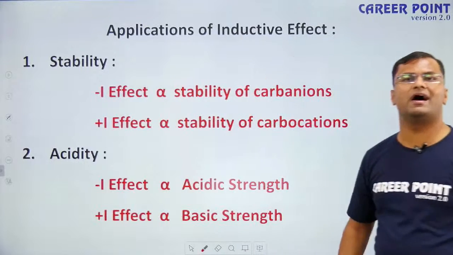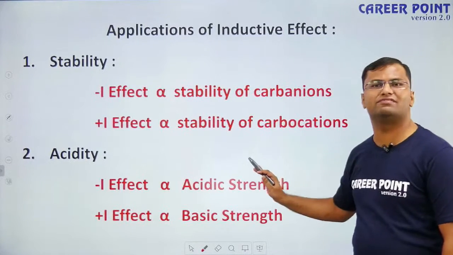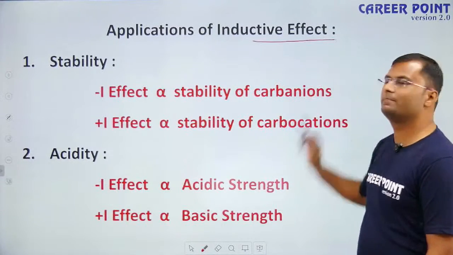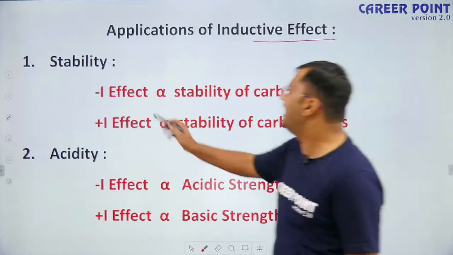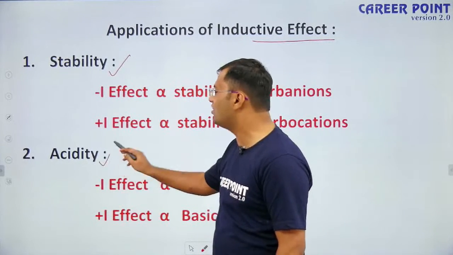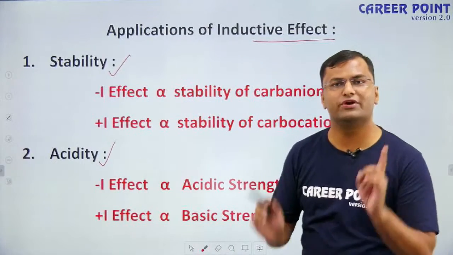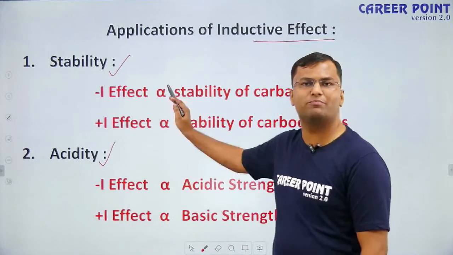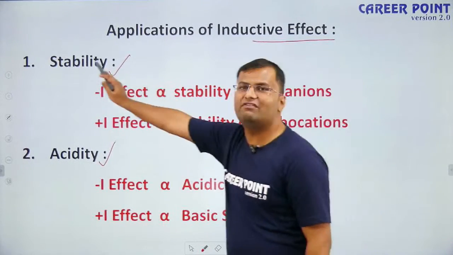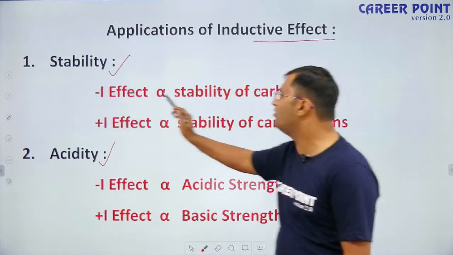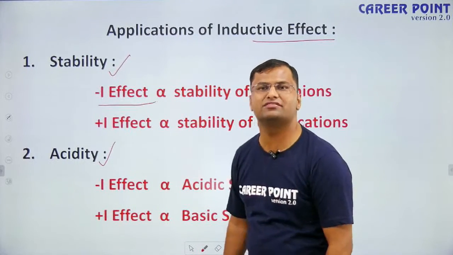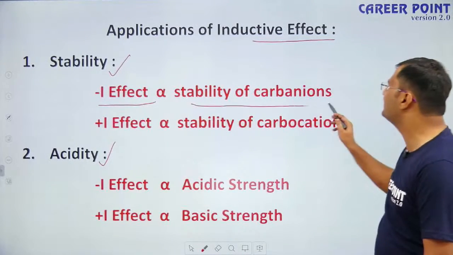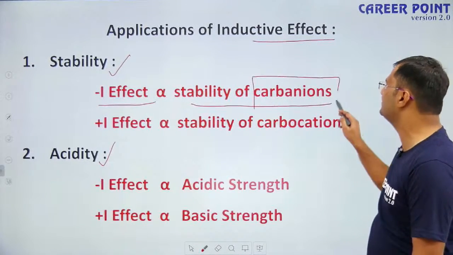Now this is the application part, but this is a brief slide of our inductive effect. I already told you, two types of questions will be asked, either on stability or on acidity of a compound. So you have to remember just these 4 points. For stability: as the minus I effect increases, the stability of the carbanion is going to increase.